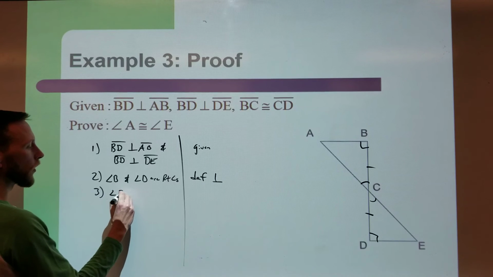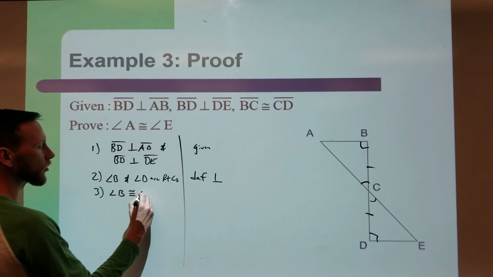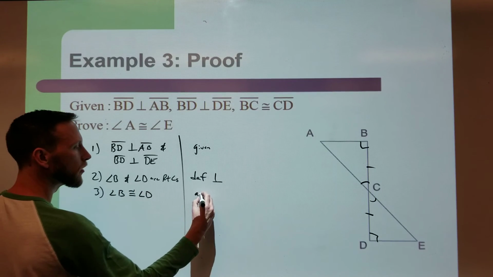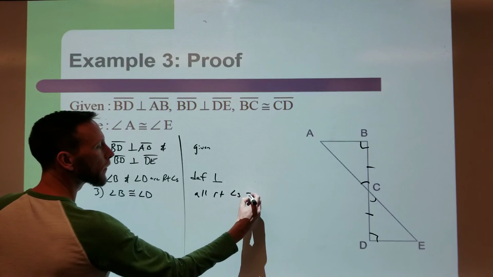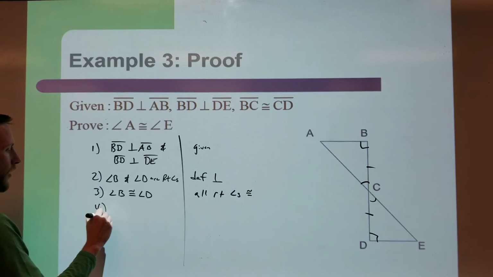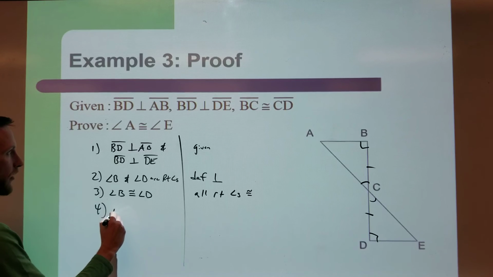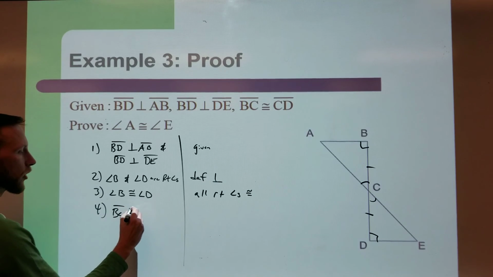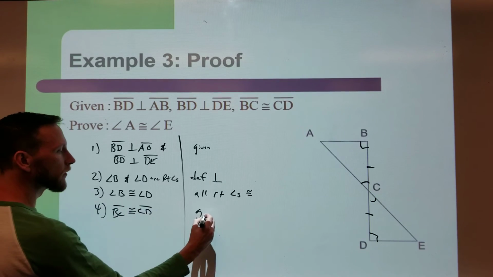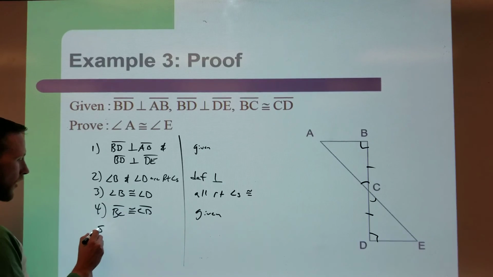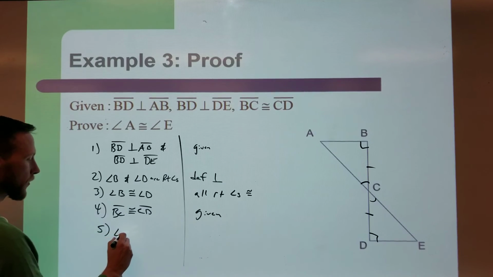And then we know that all right angles are congruent, as we talked about earlier. Next, pair of sides. They gave us that BC is congruent to CD. I love given information. And then we get the vertical angles around C.